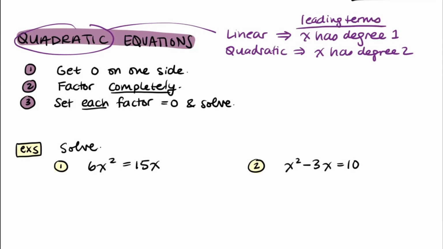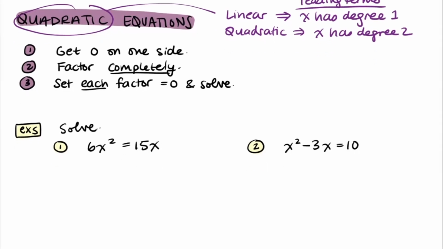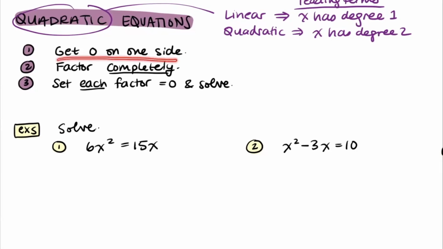So the way to solve these is different. This is very important to understand, that this method is totally different than, at least to start, what we've been doing. So you want to first get 0 on one side, like get everything on the left side, all terms involving x or numbers, and then 0 on the other side. Then we factor the side with the terms on it all the way, completely, 100% factored, can't factor further.